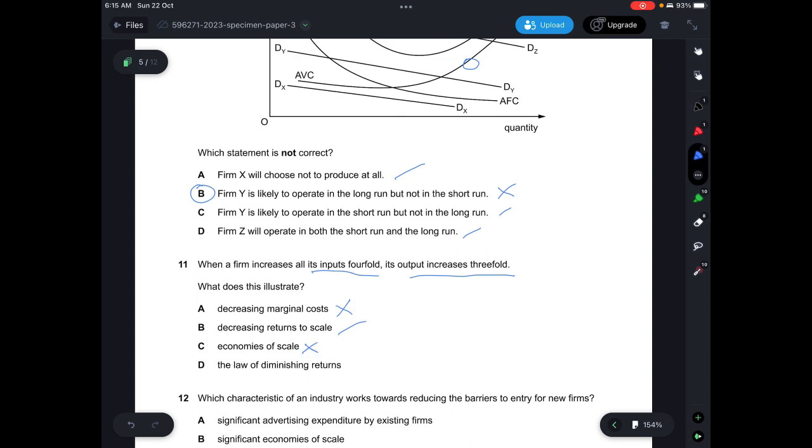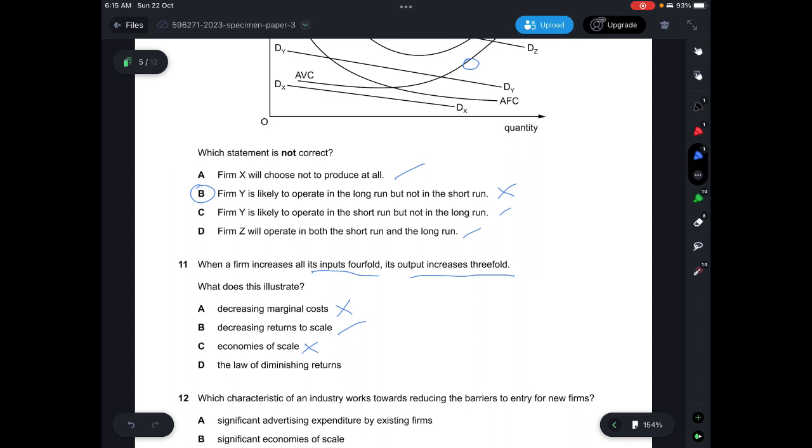Economies of scale is basically when you are able to increase your output proportionally more when there's an increase in the scale of production. But in this case, you realize that there is no such increase, but rather a decrease. So C is incorrect because of that. And D says the law of diminishing returns.